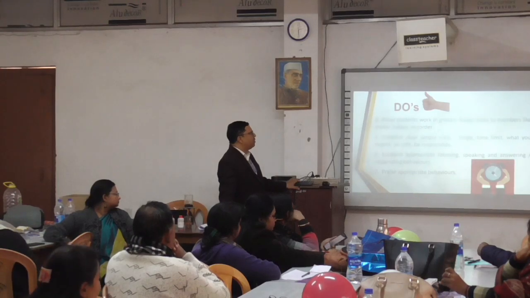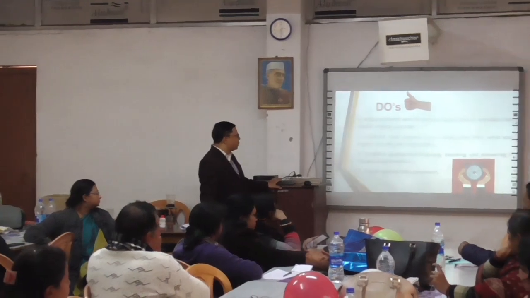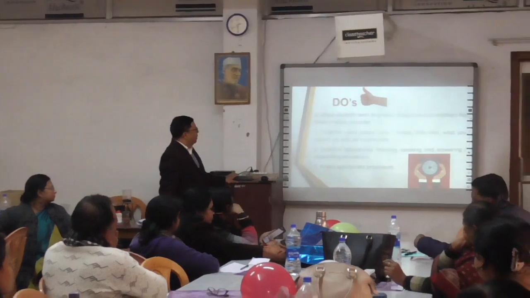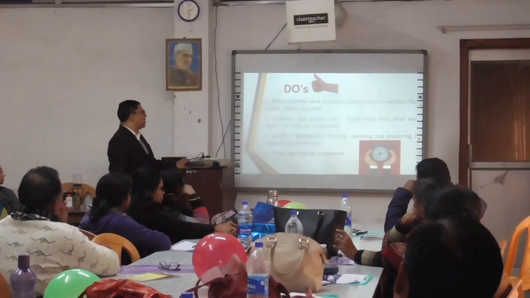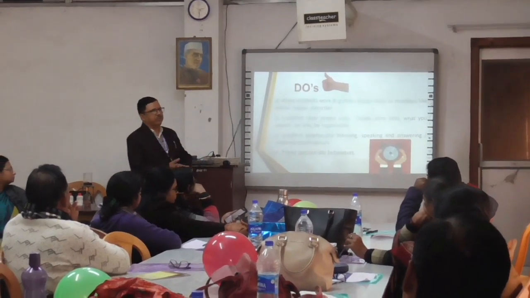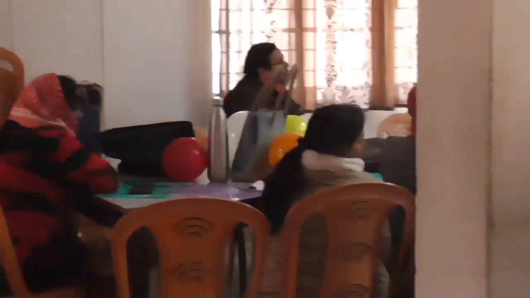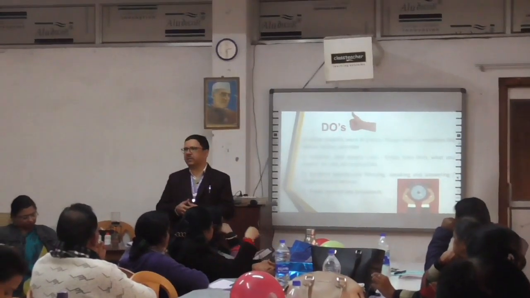Make clear, simple rules: time limit, scope, what you expect. Be safe, be responsible. Establish the appropriate listening, speaking, and responding behaviors. How the students are responding in the class must be passed before going for the activities.